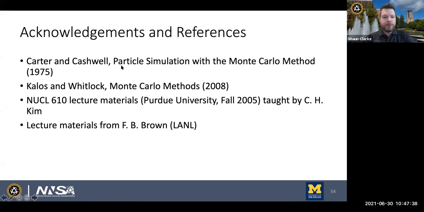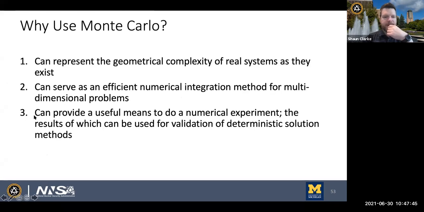With that, I have a couple of references here for some of the textbooks where the material was pulled from. And with that, I would stop and ask if there are any questions.